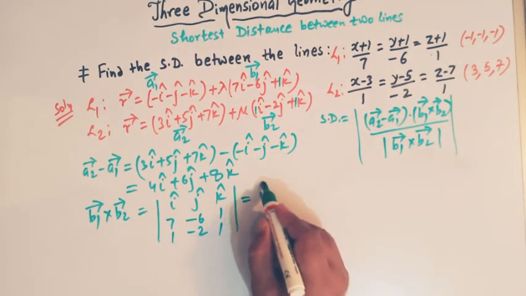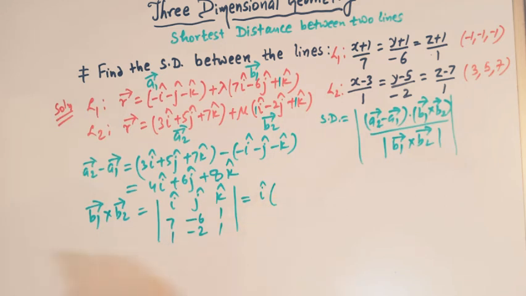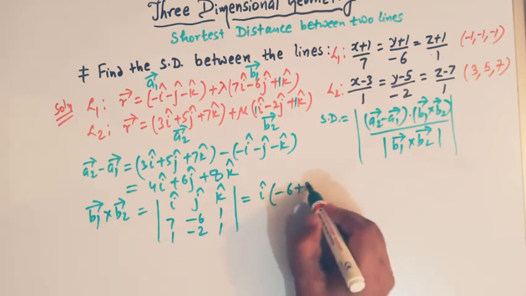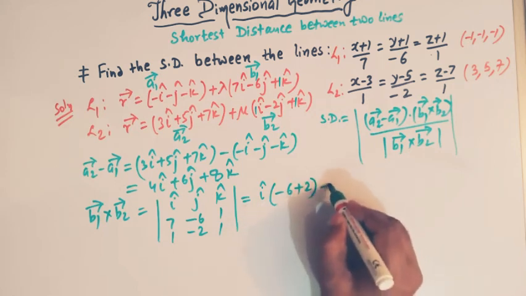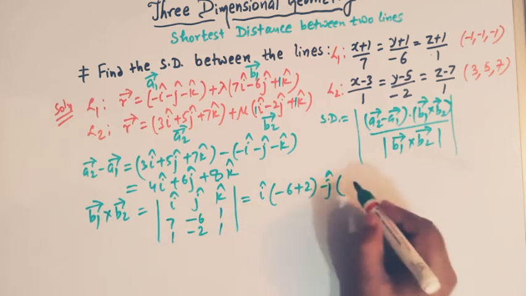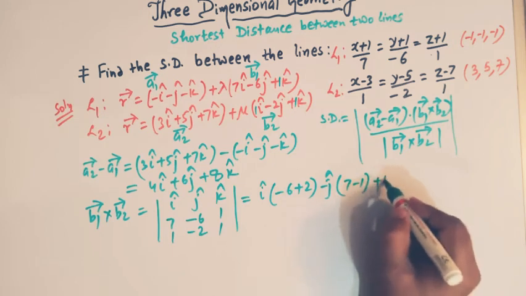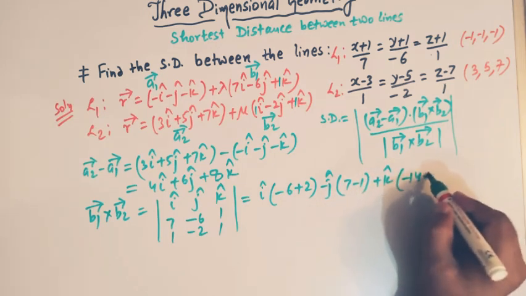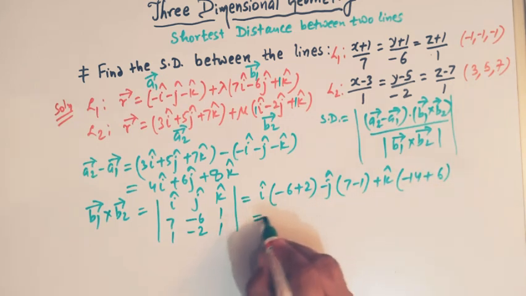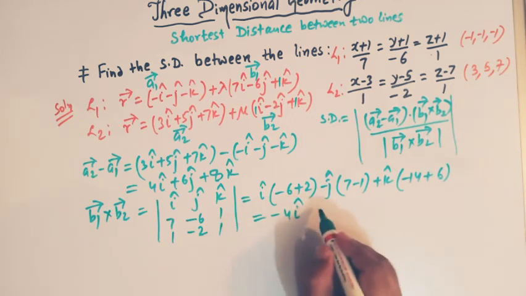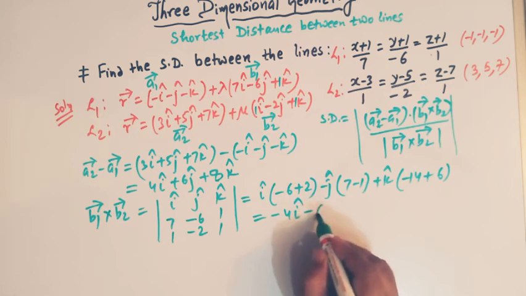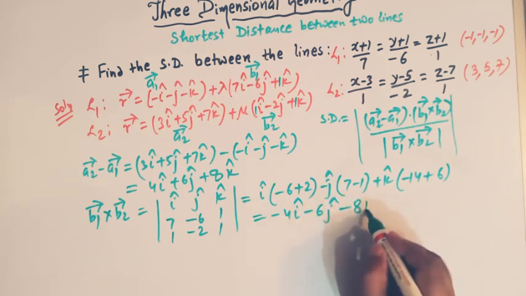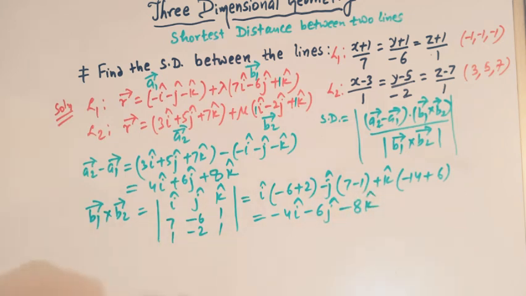Now if we expand this determinant, we get minus 6 plus 2, then we have j cap, 7 minus 1, then k cap, minus 14 plus 6, and we have minus 4 i cap, then 6 j cap, and then minus 8 k cap, right?